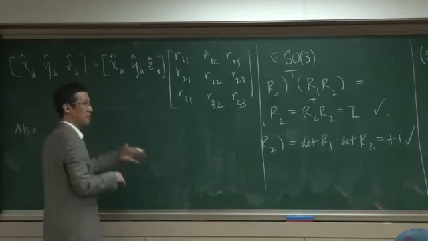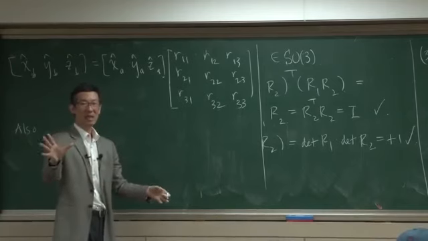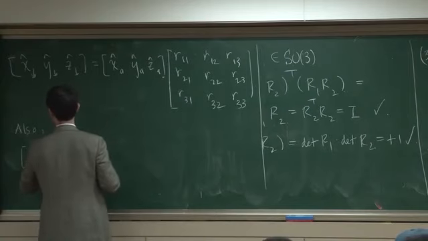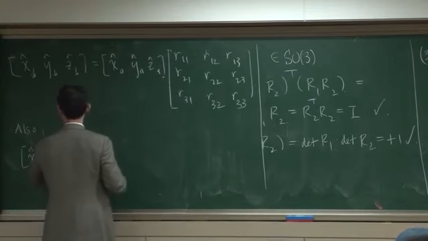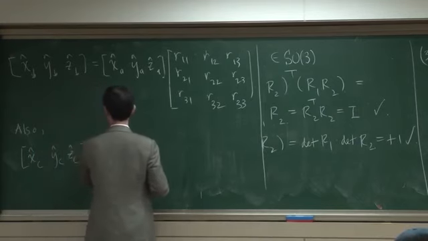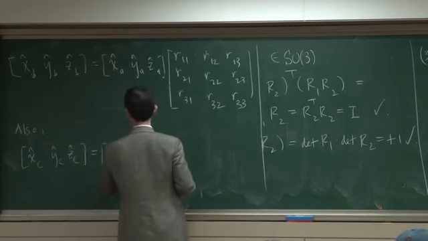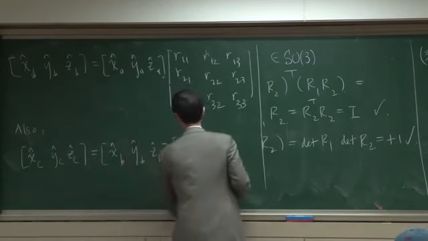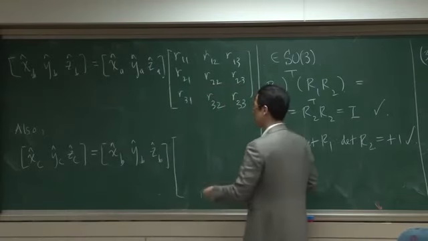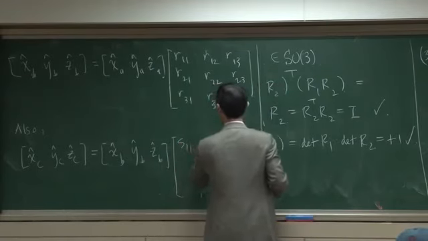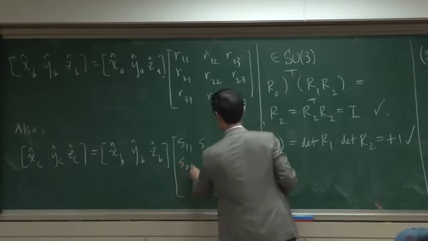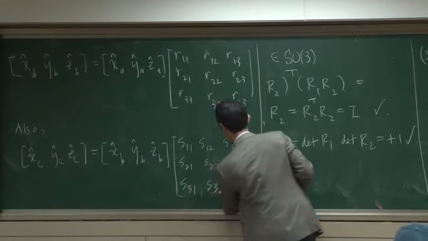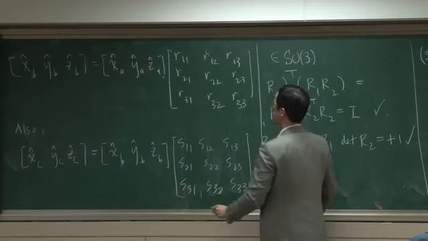Well, if I play this game, this time write C in terms of B, I can do something like this. XC, YC, ZC is equal to XB, YB, ZB times some 3 by 3 matrix. Let's use the letter S: S11, S12, S13, S21, S22, S23, S31, S32, S33.